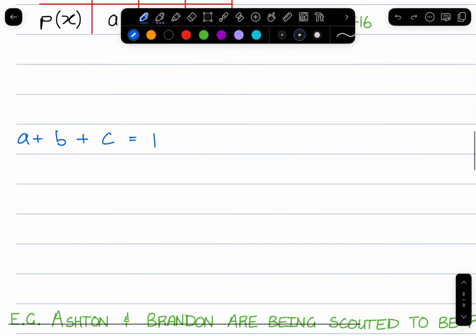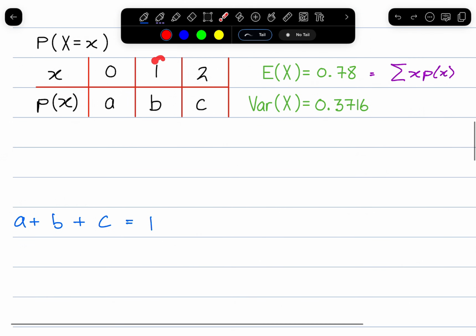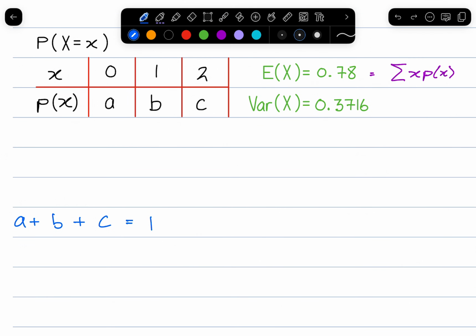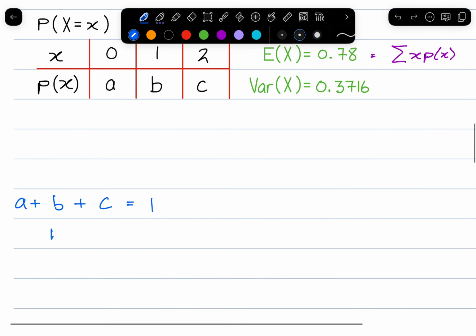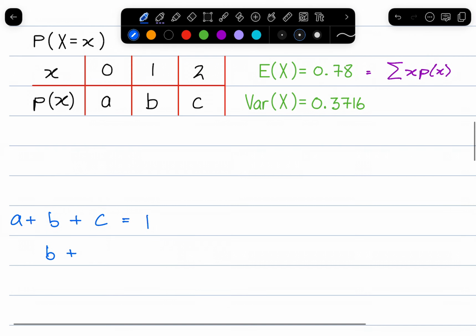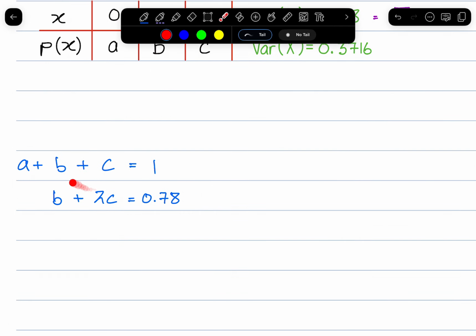Let's actually do that down here. So 0A, 1 times B, the probability is B, so it's going to be B plus 2 times C should equal 0.78. But if you take a closer look, there's still not enough information to solve these simultaneous equations.